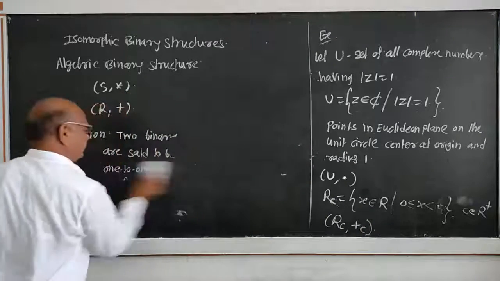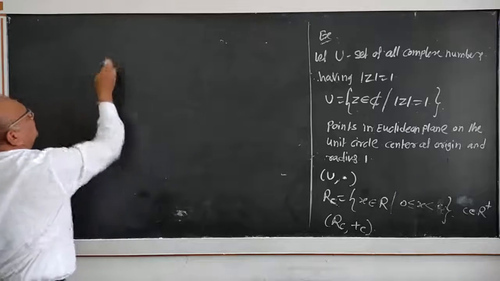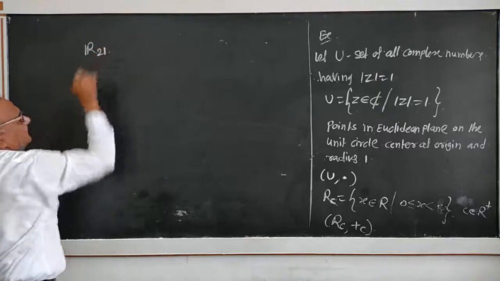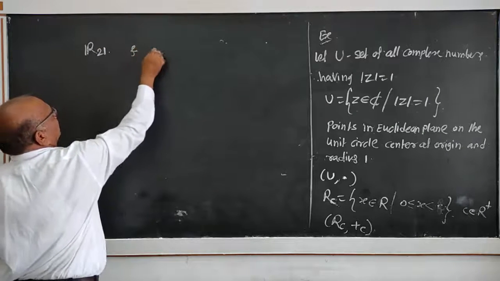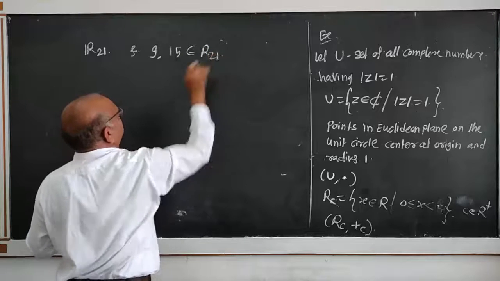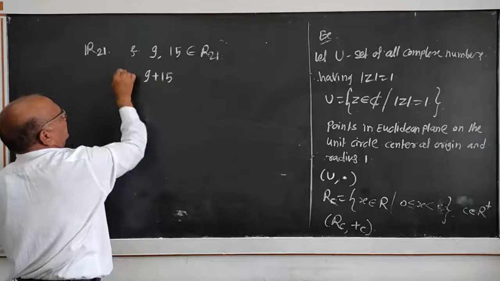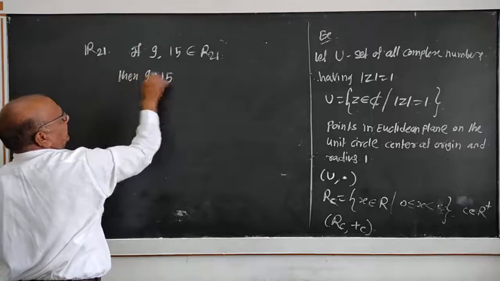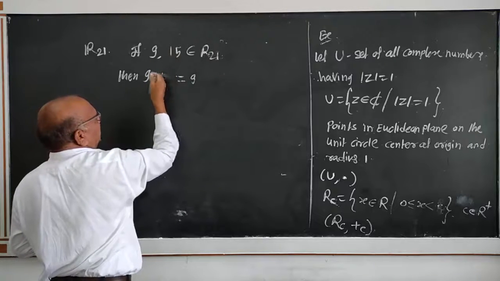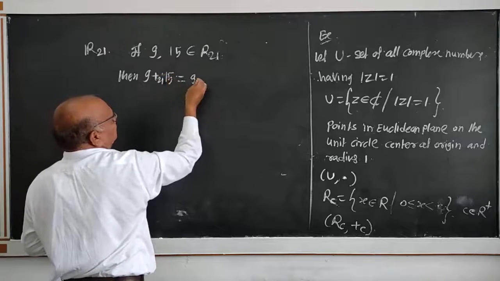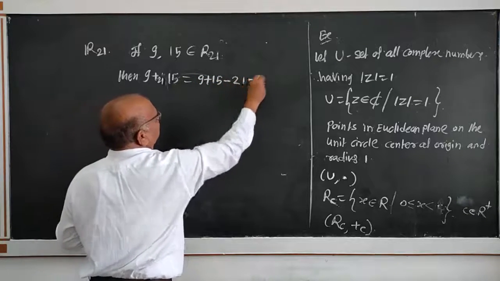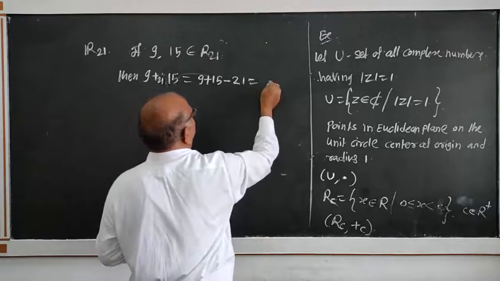That means here, if you take R_21 and 9, 15 belongs to R_21, then 9 plus 15, that is 9 addition modulo 21 15, is equal to 9 plus 15 minus 21, and this is equal to 3.